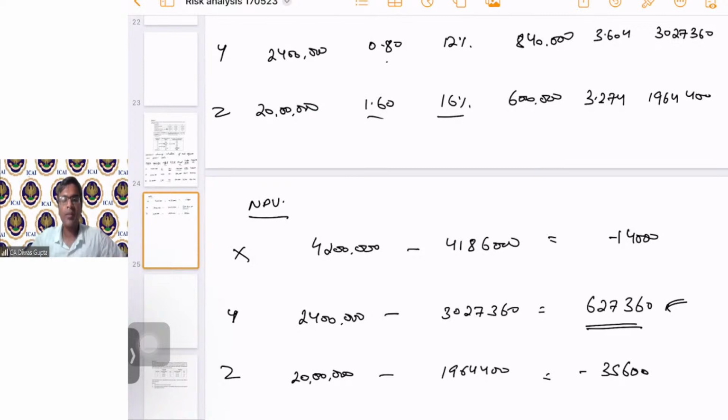I hope this is clear. It was very simple. The question has given us some data basis which we have arrived at RADR. Basis that RADR, we have arrived at the discount rate, multiplication factors, and basis that we have arrived at NPV. And we have compared all the projects X, Y, Z. Wherever there is a positive NPV, we have selected that.